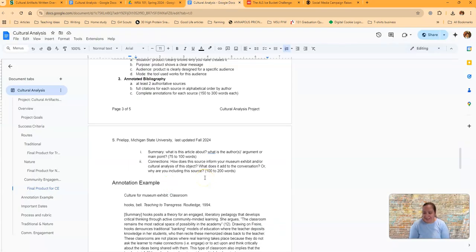These are just example projects. It could be, as election day is coming up, maybe you're trying to convince college students to go out and vote.